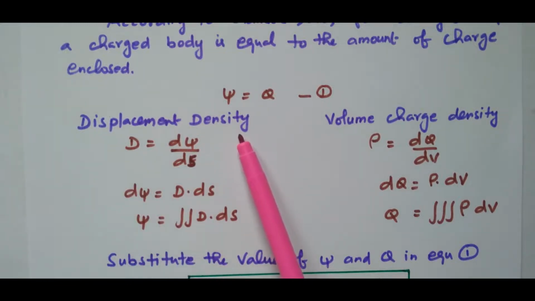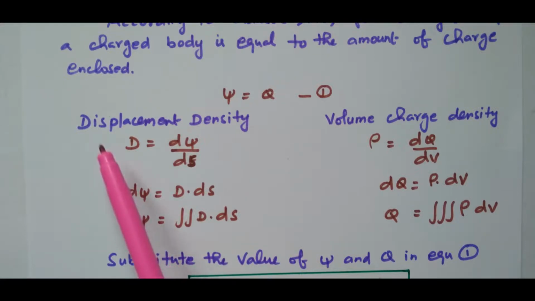Displacement density is given as D equal to d phi by dS. Cross multiplying, d phi equal to D dot dS. By integrating on both sides, phi equal to double integral D dot dS.